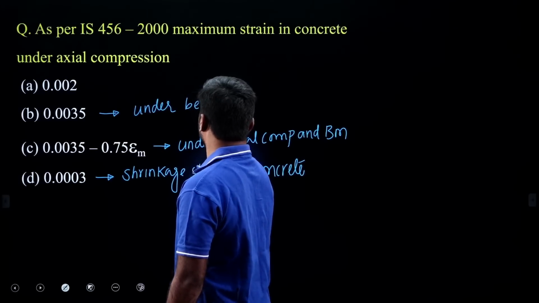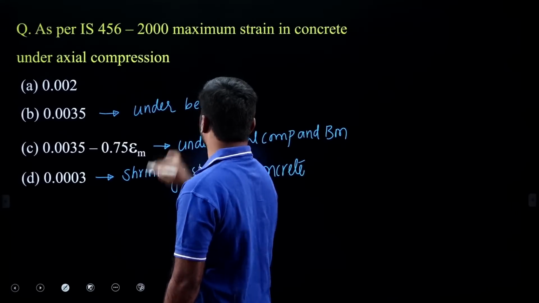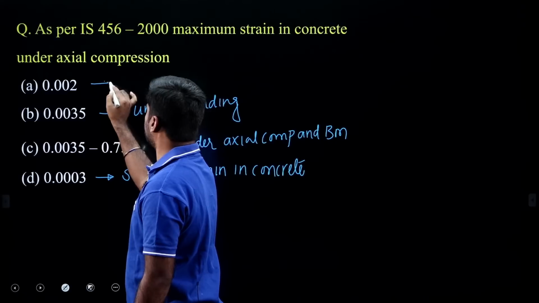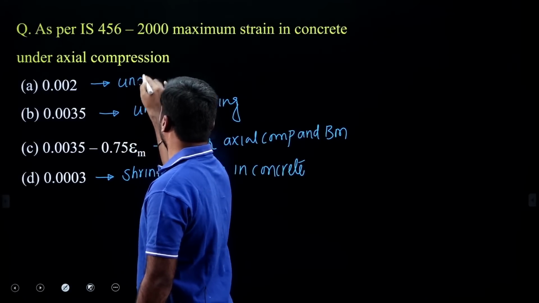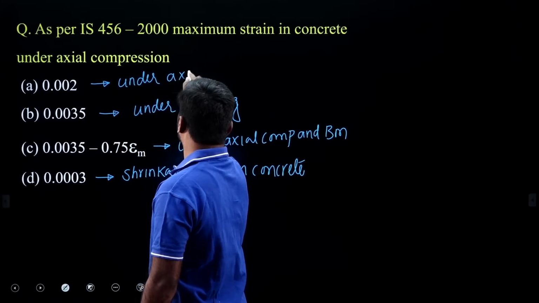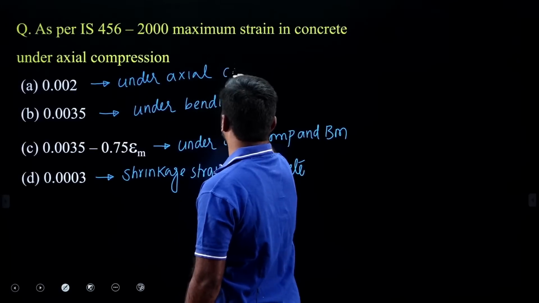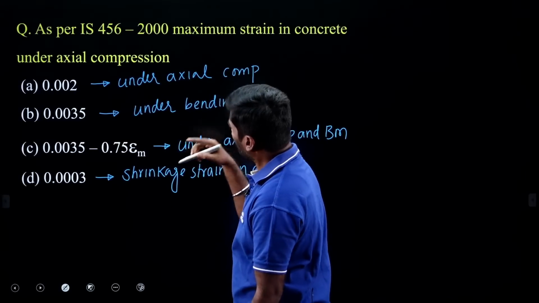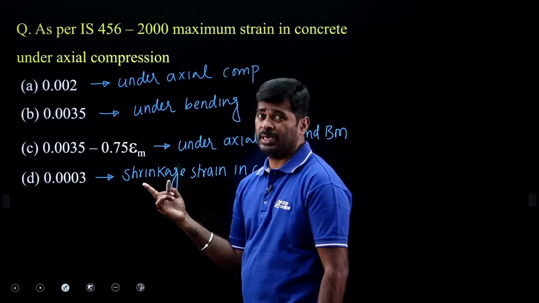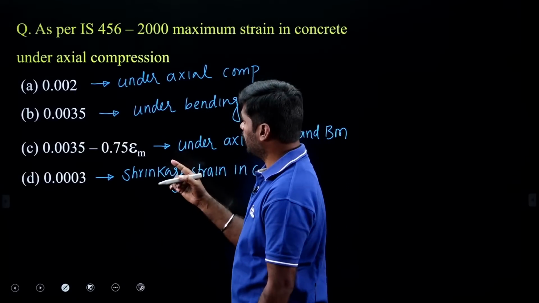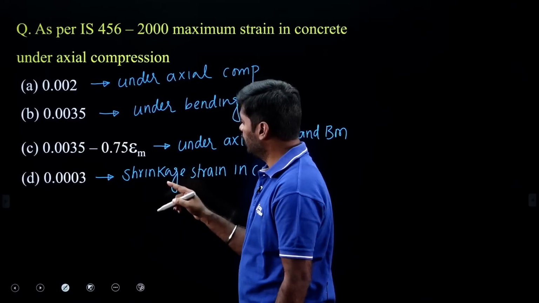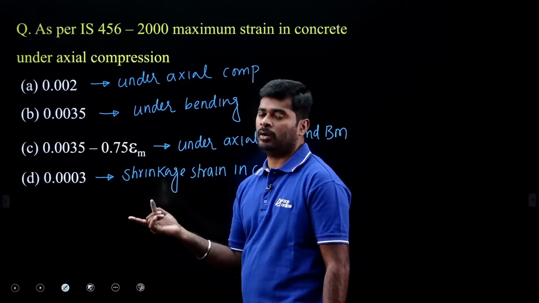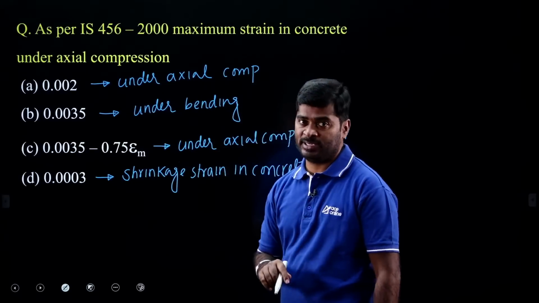Then what is 0.002? It is the maximum strain in concrete under axial compression. Maybe you will expect a question under axial compression, or under bending moment, or under axial compression and bending moment, or shrinkage strain in concrete. Any one you may expect in exam.